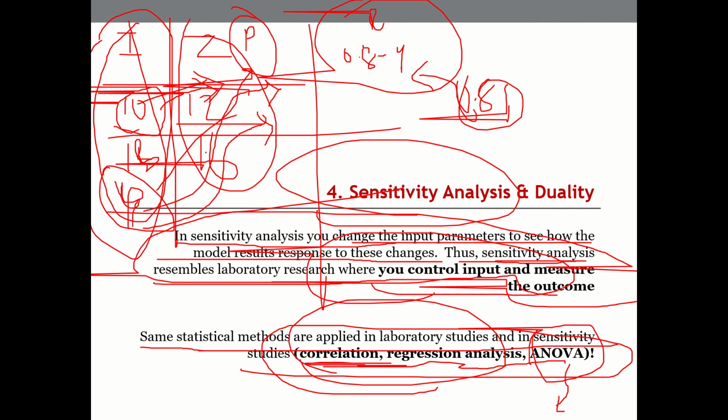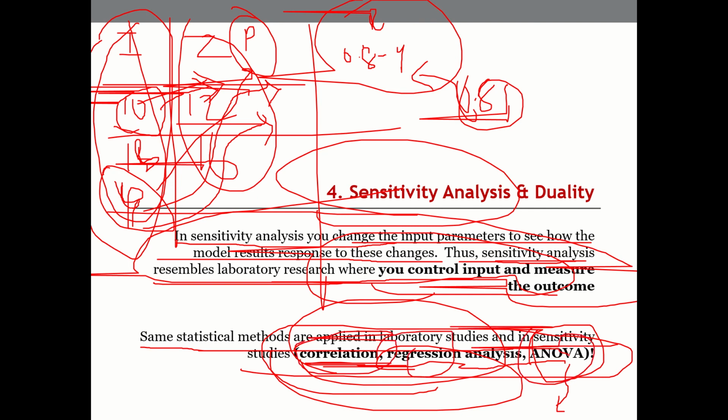What is the correlation between the input parameter and the expected results? Correlation and regression will help in understanding the sensitivity of the input parameter versus the desired results. These are quantitative methods of doing it.